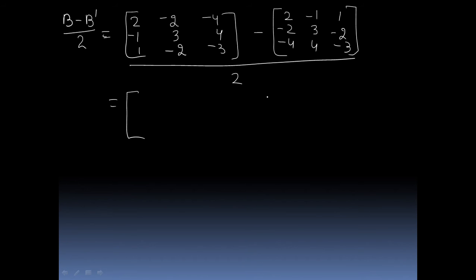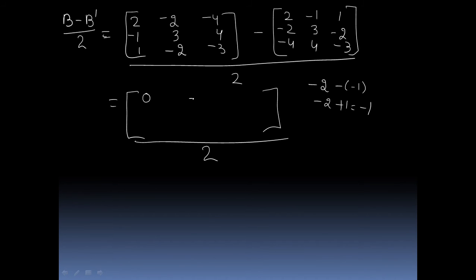After solving this, we get 2 minus 2, 0. Minus 2 minus minus 1 is minus 2 plus 1, which is minus 1. Next, minus 4 minus 1 is minus 5.